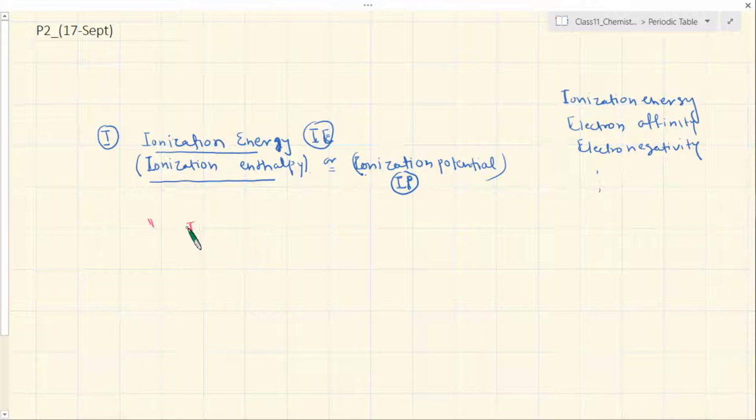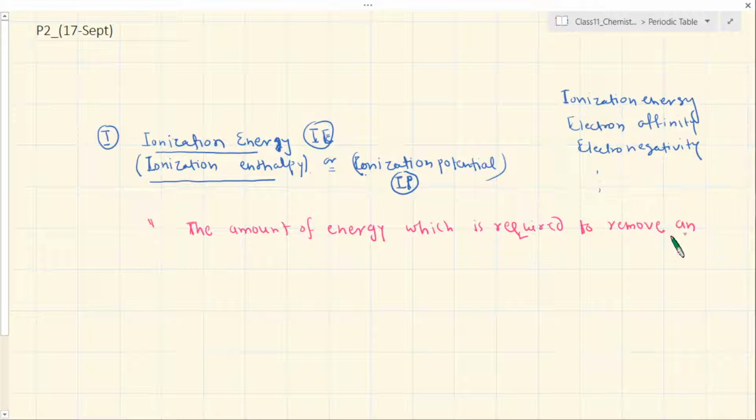The amount of energy which is required to remove an electron. We are talking about one electron.